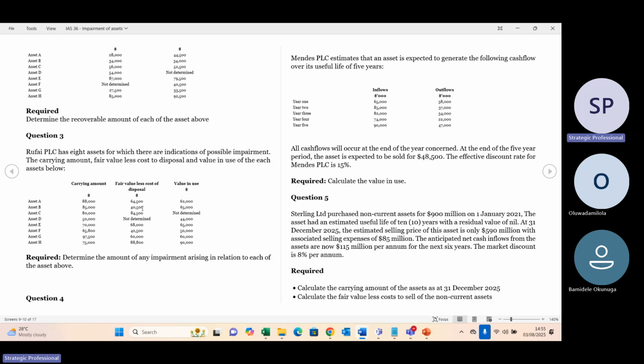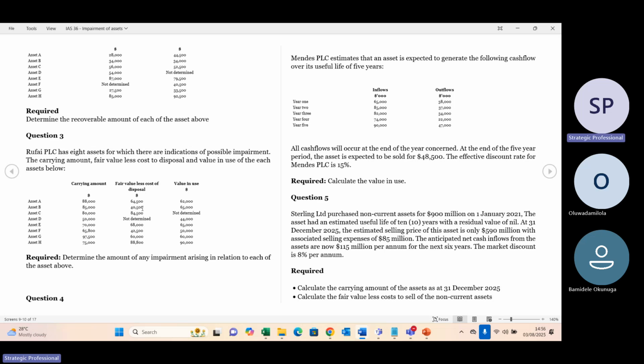The essence of the discount factor is for you to know the present value of the cash flow. Once you determine your present value of the cash flow, that present value is your value in use. That's the second scenario. So the scenario is either they give you the value in use directly or you are expected to calculate it yourself. So in this particular question, you're expected to calculate the value in use.